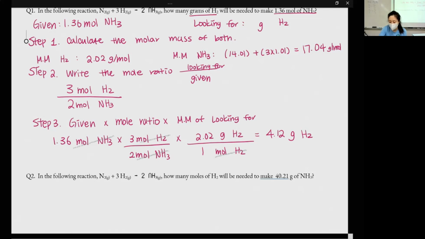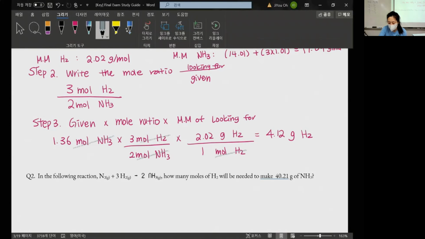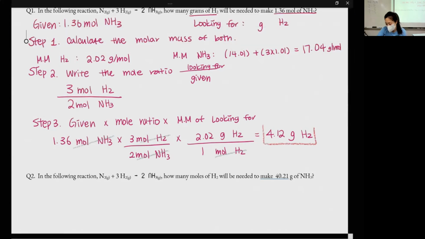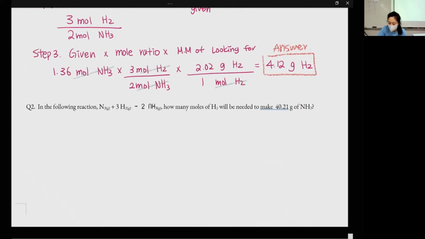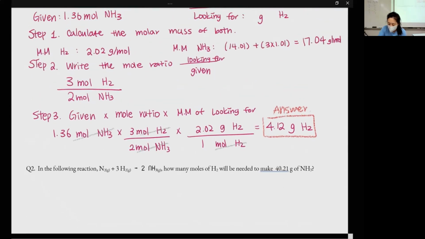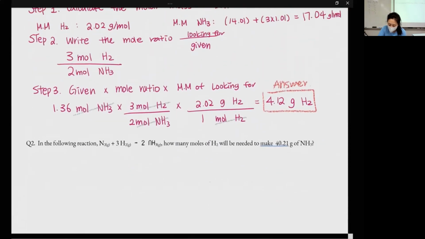So your final answer for this particular question would be 4.12 grams. It looks like a long process, but when you follow through the steps, it's doable. All right, question 2, we're going to move on to question 2. The steps are going to be a little bit different.